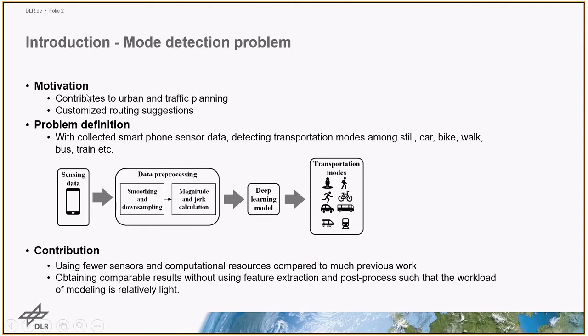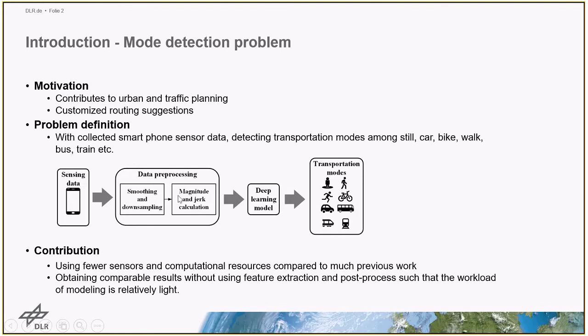Transportation mode detection can contribute to urban and traffic planning from the perspective of traffic managers, and could also provide customized routing suggestions from the perspective of road users. A transportation mode detection problem is detecting transportation modes among still, car, bike, walk, bus, train, and so on with collected smartphone sensor data.